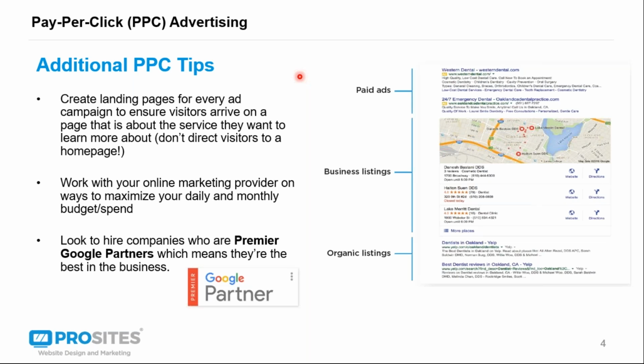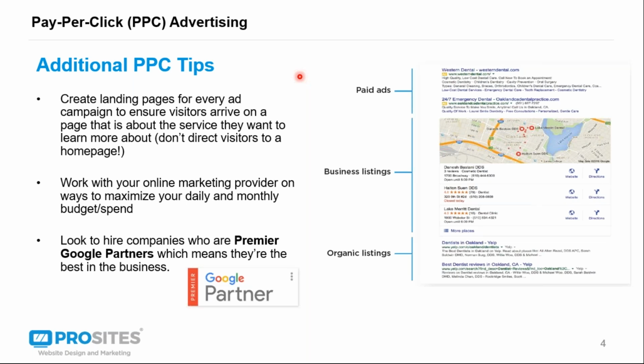So for example, you would have one campaign for, let's say, teeth whitening, right? And everything that goes into that campaign, the ads and the web pages that are directed from those ads, all have to talk about teeth whitening. Then you would have a separate campaign to, let's say, talk about dental implants, right? So everything within that campaign should talk about dental implants.